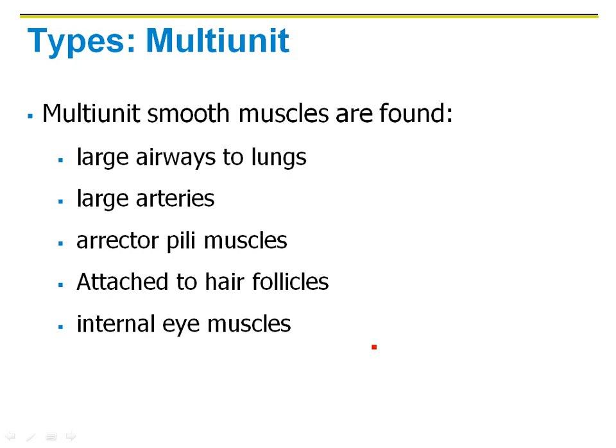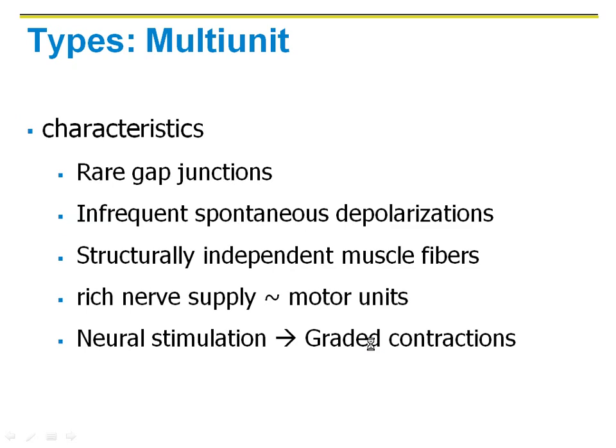Multi-unit are found in different places. Multi-unit smooth muscle is airways of lungs, big arteries, the erector pili muscles, and muscles inside your eyes. Multi-unit acts more like skeletal muscle. Gap junctions are very rare. For the most part, they don't spontaneously depolarize. You actually need to fire a motor neuron on them.